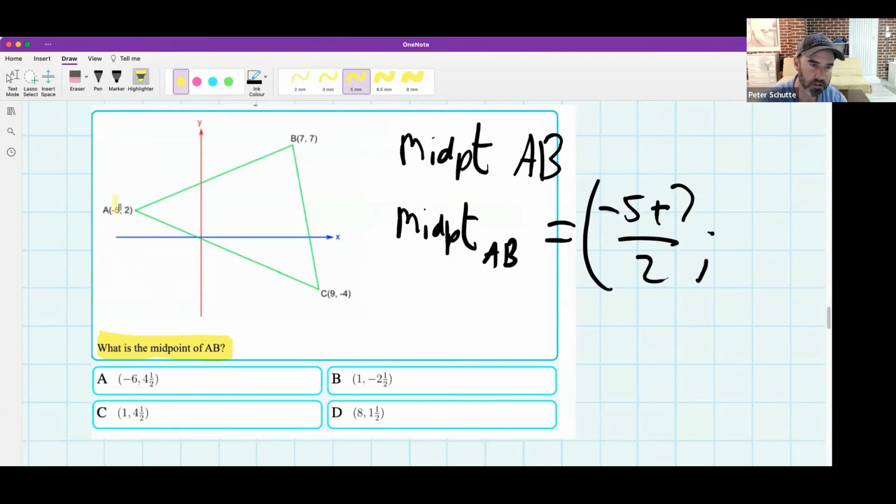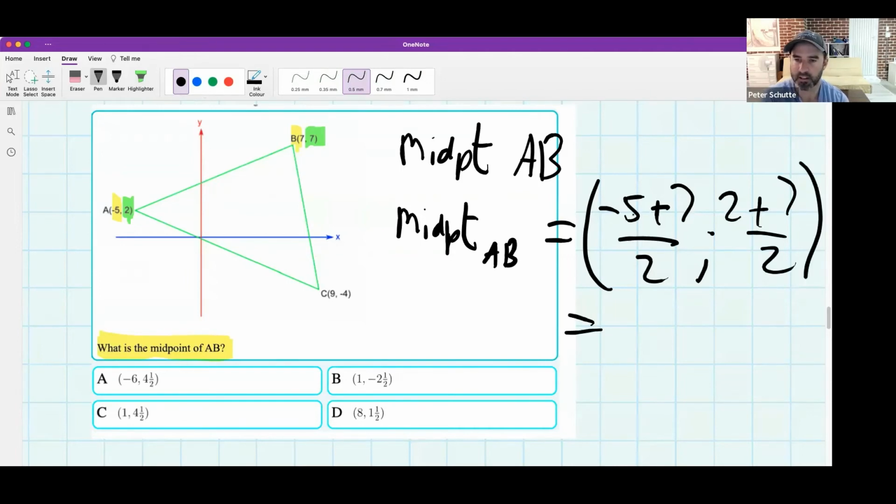So that's this bit. And then we have this: 2 plus 7 over 2. And as long as I don't make a silly mistake with my minuses and my pluses, I should get 2 over 2 and 9 over 2.